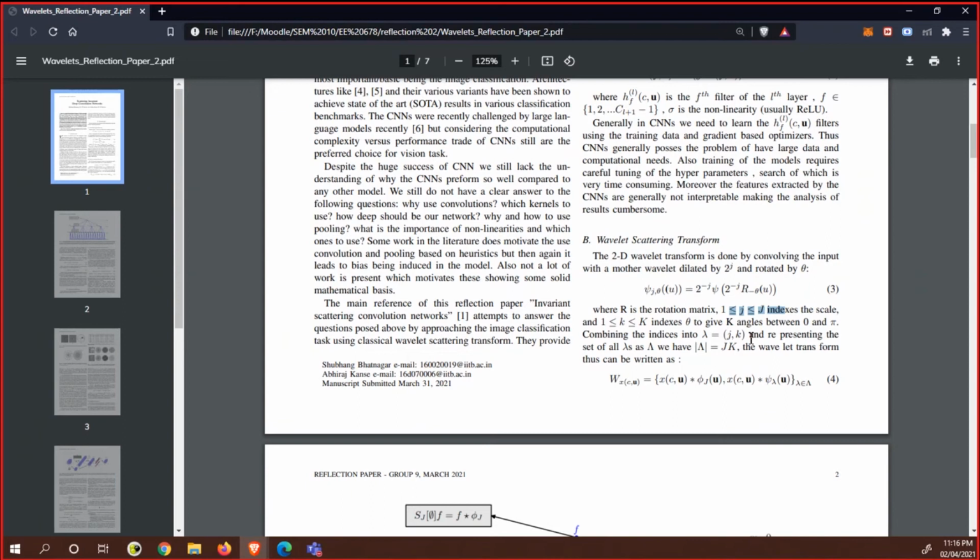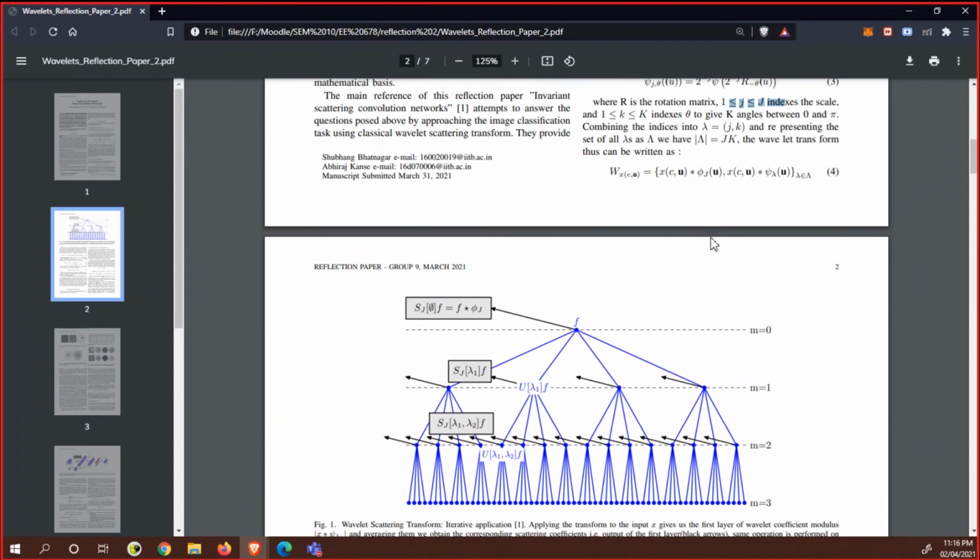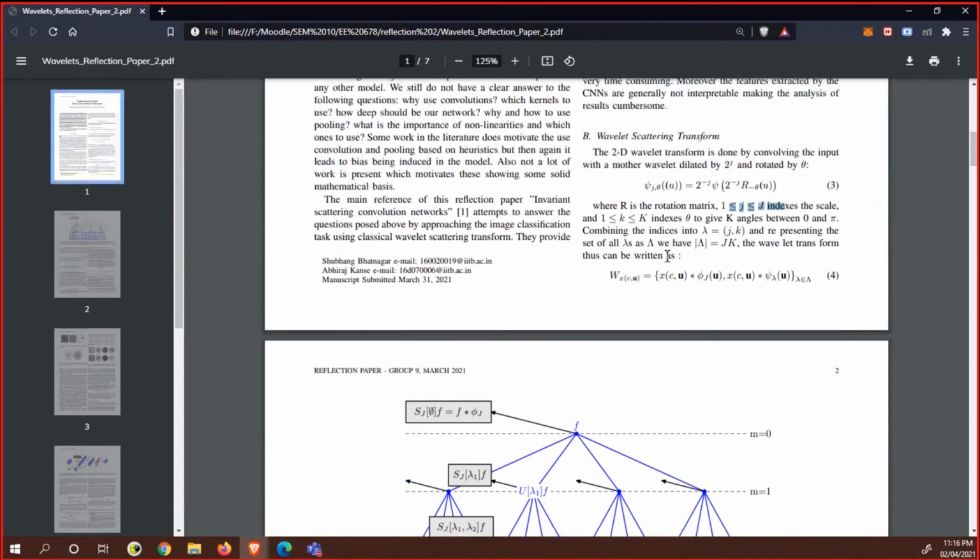So in 2D we can dilate our wavelet, rotate it, and also translate it. These three things can be done in 2D. The conventional wavelet transform convolves this wavelet with the input signal that we have, which is x in our case.